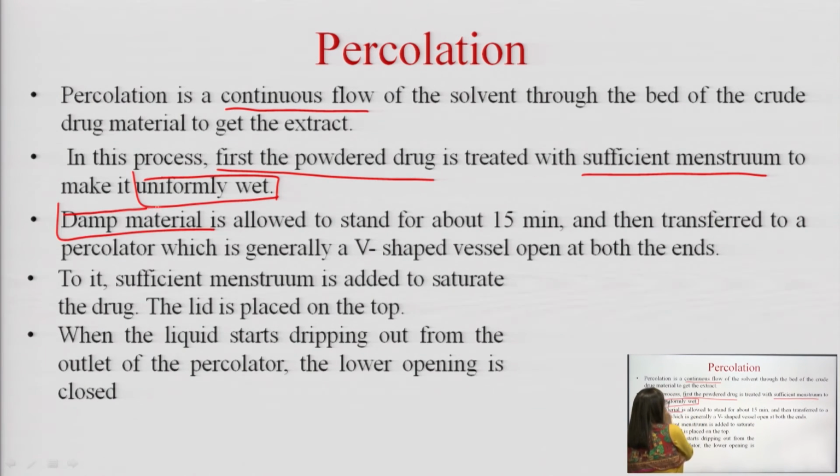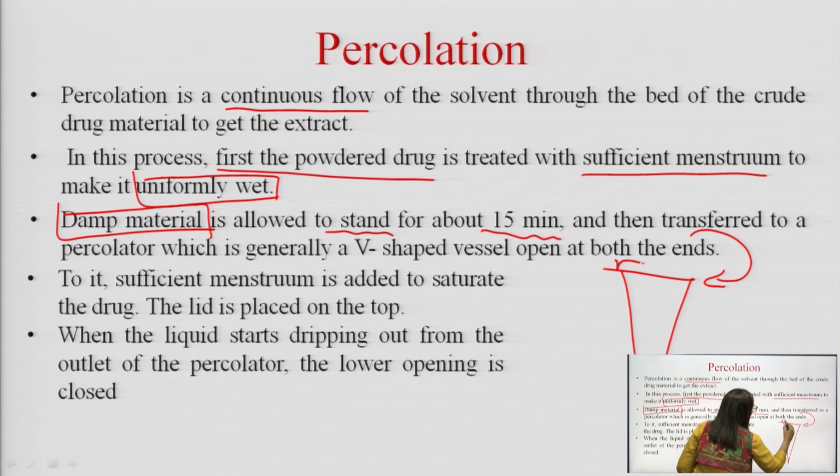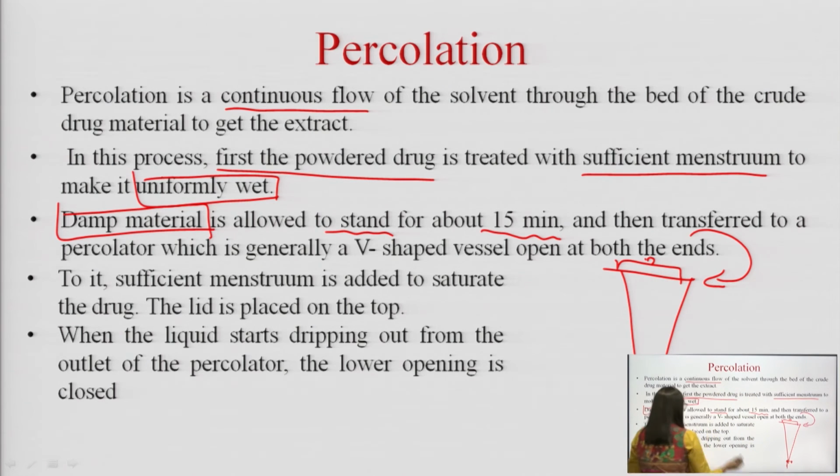Once the material is damp, it is allowed to stand for about 15 minutes and then transferred to the V-shaped vessel termed a percolator. Again, this is a closed system. Once the damp plant material is added into the percolator, sufficient menstruum is added to saturate it.